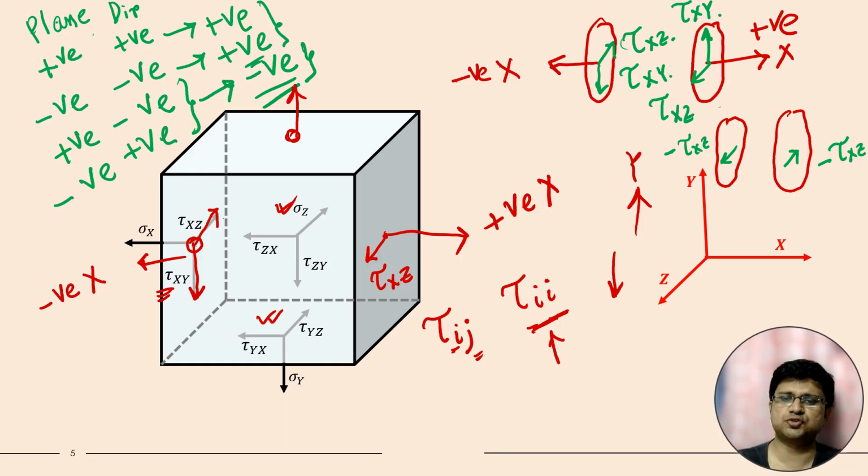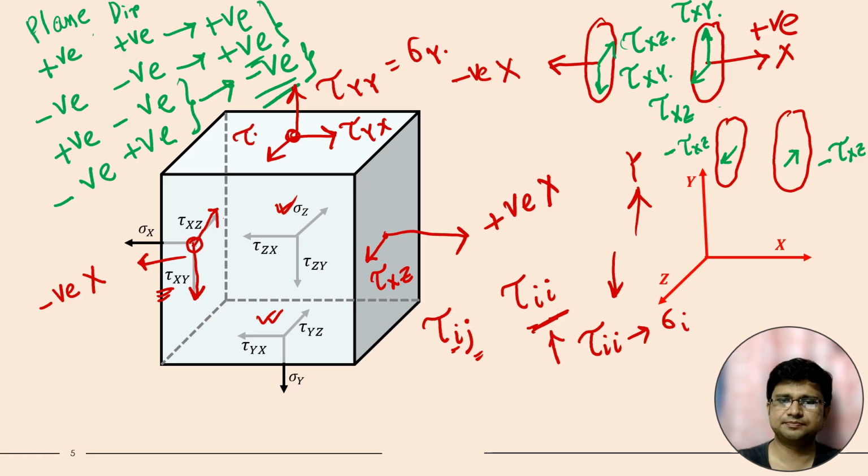So tau ii actually means sigma i. If it is tau yy, then obviously it is sigma y. And if it is tau yx, then this will be the direction of tau yx, and this will be the direction of tau yz, shear stress. And if it is tau yy or tau xx or tau zz, then obviously it will be normal stress.